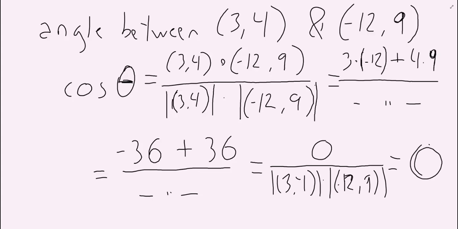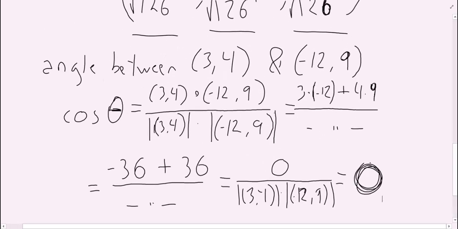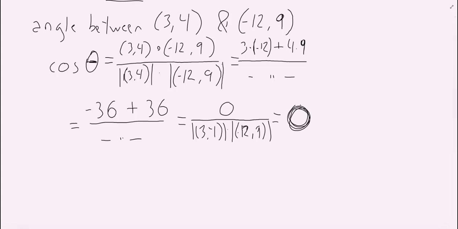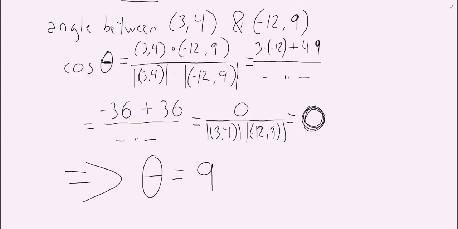So the cosine is 0, and thus the angle itself is 90 degrees. So we had two perpendicular vectors in that case, and so we can skip the part where we actually find their lengths and divide them that way.